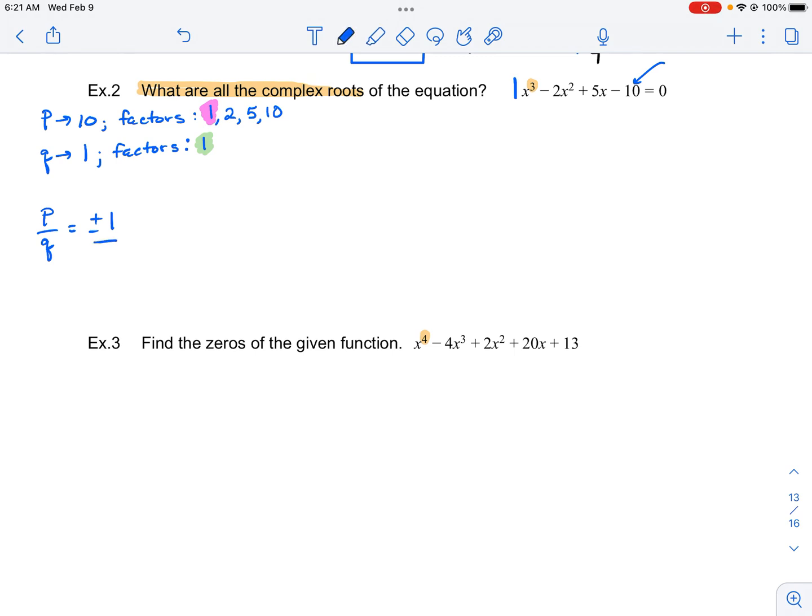And again, the denominator is 1. That's our Q. Or you can have plus or minus 2 over 1, or just 2. And we can have plus or minus 5 over 1, which is just 5. And we can have plus or minus 10 over 1, which is just 10. So this time we only have 8 possibilities.